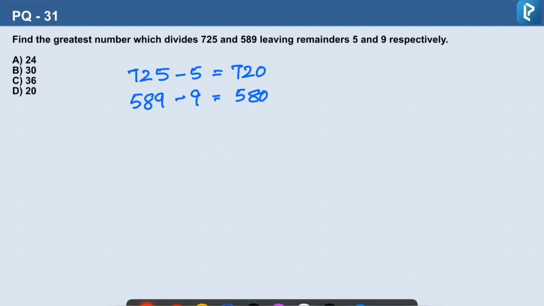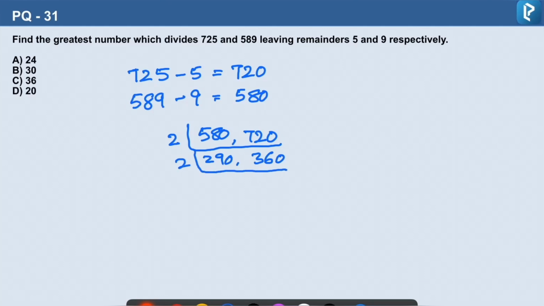So we have to find the HCF of these two numbers. To find the HCF, we divide both numbers simultaneously by a common number. 580 and 720: both are divisible by 2, the smallest prime number. 580 gives 290 and 720 gives 360. Again both are divisible by 2: 145 and 180.